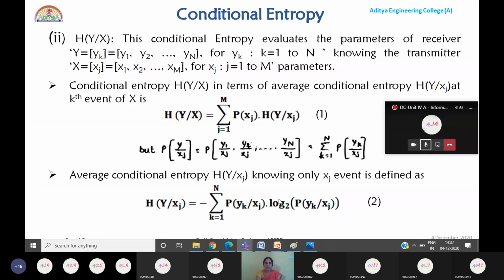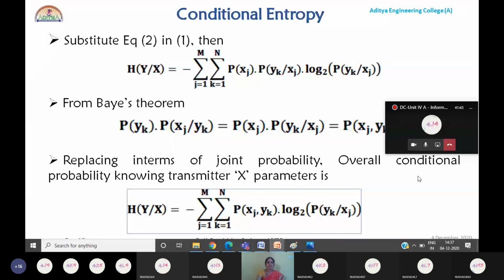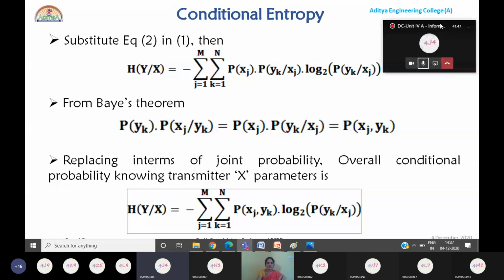So now you have equations 1 and 2. So what is the next step?